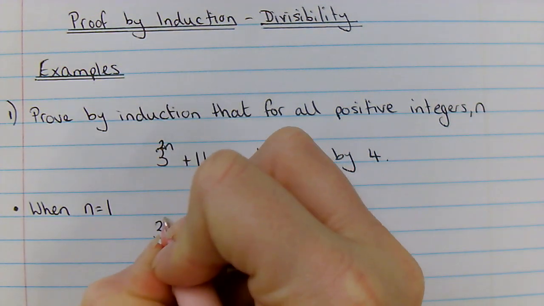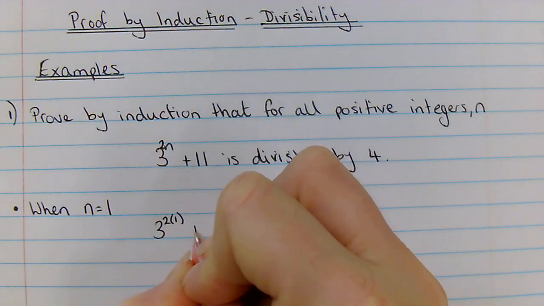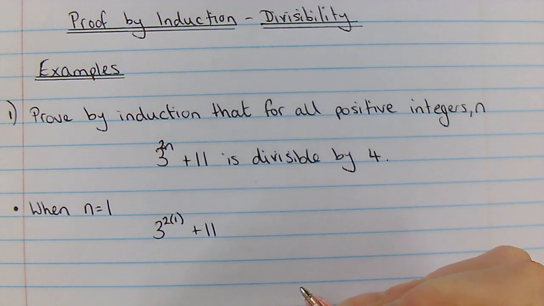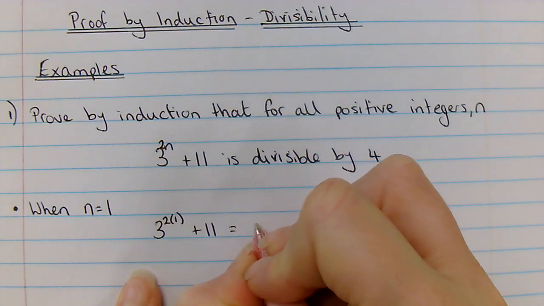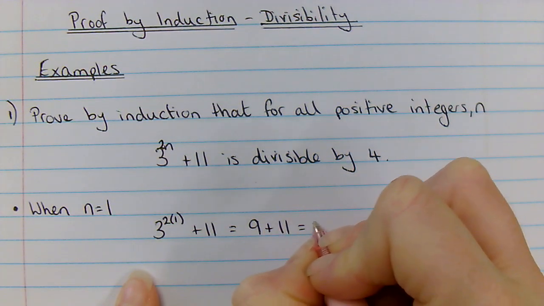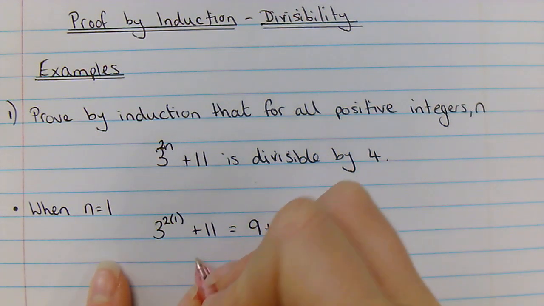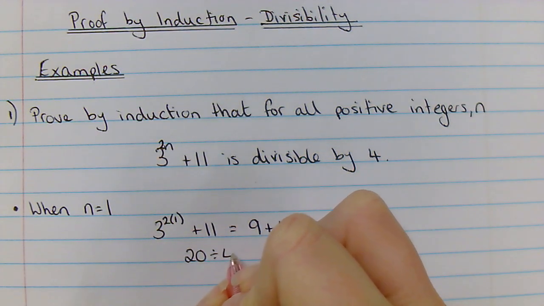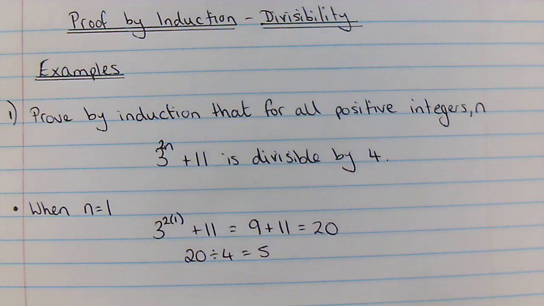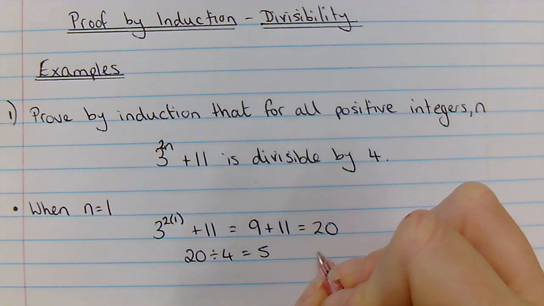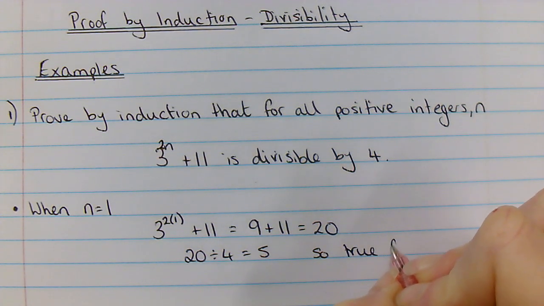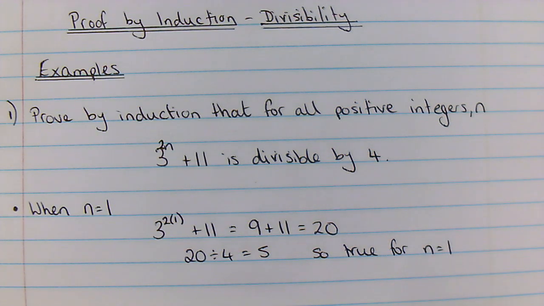So we've got 3 to the power of 2 times 1 plus 11. So that's 3 squared is 9, add 11 equals 20. We can show it, so 20 divided by 4 equals 5. So true for n equals 1.